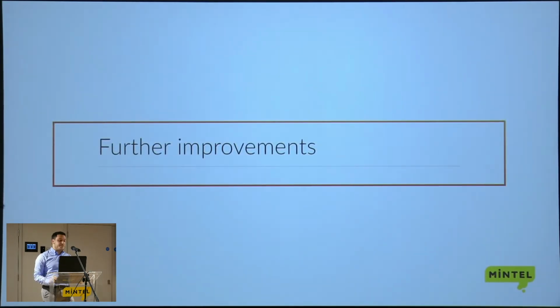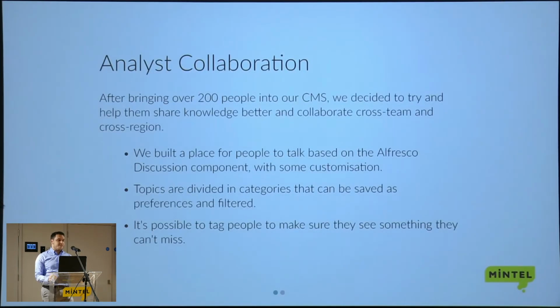After doing that, we added more things in the process. Having all these analysts who wrote content in different categories, the company realized that it would be very useful to allow them to share information without the need to know each other. So we created our Analyst Collaboration platform, which is based on the Alfresco discussion component with some customization.